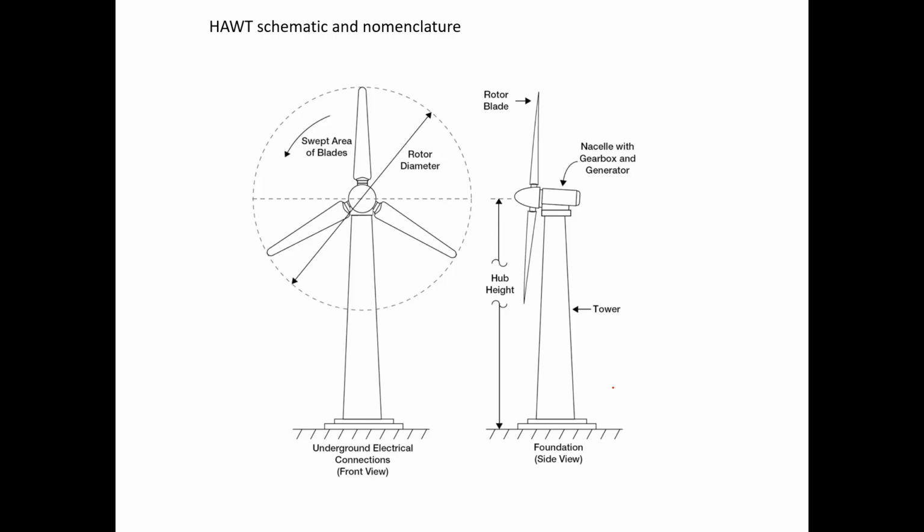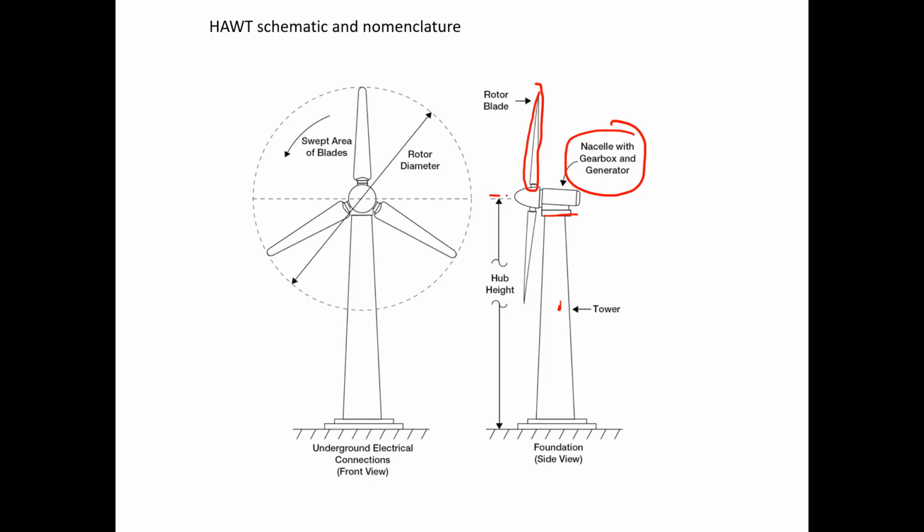Here's a schematic of a horizontal axis wind turbine, and it's just some basic nomenclature associated with it. You can see here, this is called the tower, and the turbine is held on top of the tower inside a nacelle. On the turbine itself, these are rotor blades that come out of the turbine.